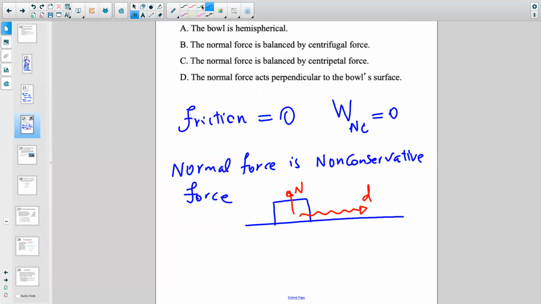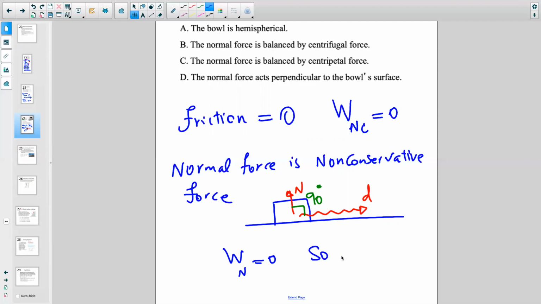So this angle here is 90 degrees. Okay, that's what it is. And the work done by the normal force is 0. So even though it is a non-conservative force and exists, the work done by that normal force is 0.